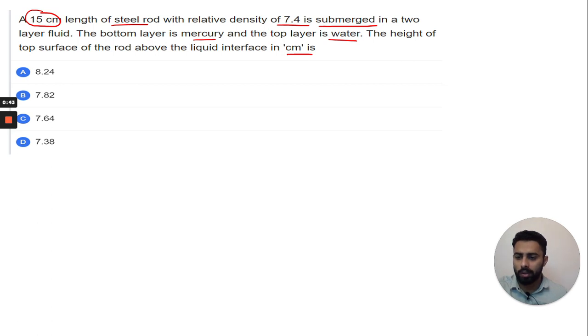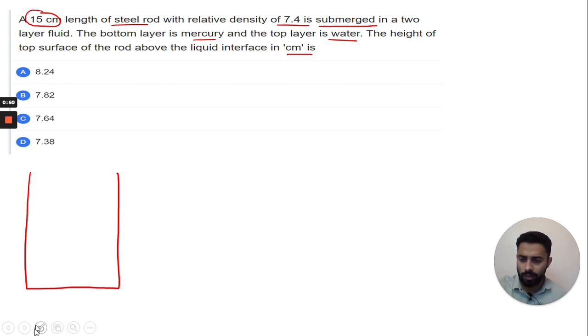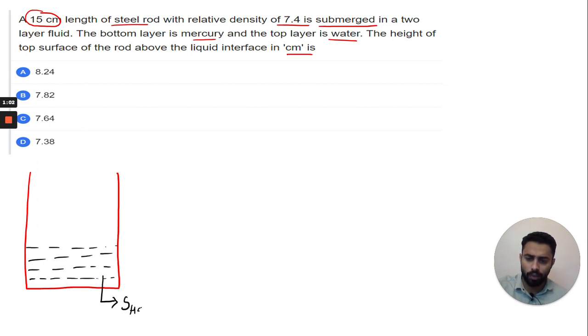So let me draw this numerical in the pictorial form so we will be able to understand very quickly. What is given in this question? There is mercury which is in the bottom and there is water. This is the mercury, and hope you remember for the mercury the specific gravity is 13.6. We denote specific gravity with letter S, and Hg means mercury.